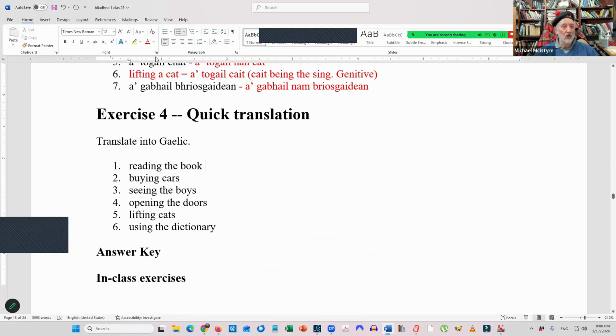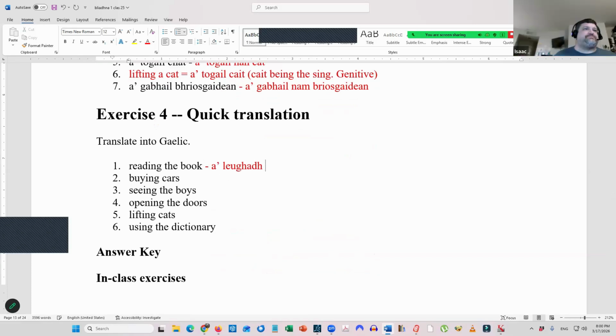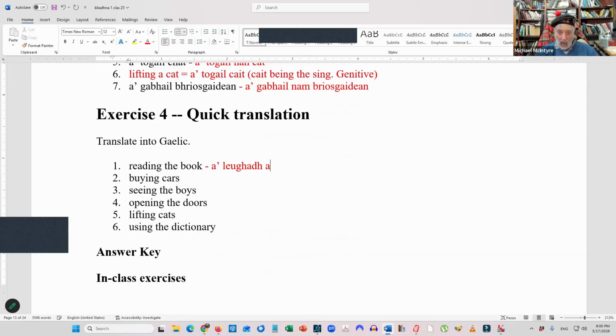So how would we say reading the book? A leevik, an, is it just on lever? On lever. Okay. Buying cars.